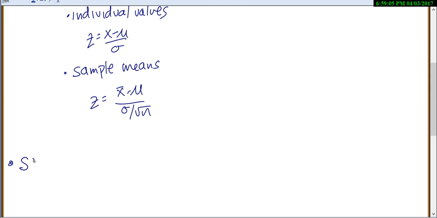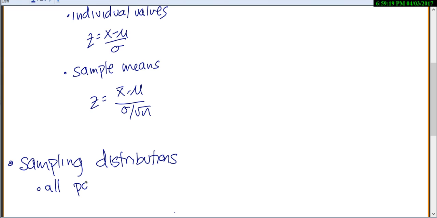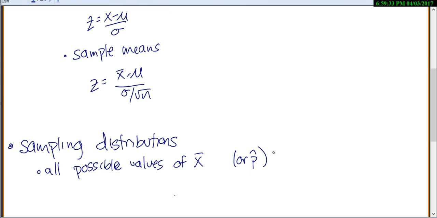The next topic is sampling distributions. And sampling distributions will either have the words sampling distribution, or it'll say all the possible values of x bar, or p hat, or even x, which is counts.